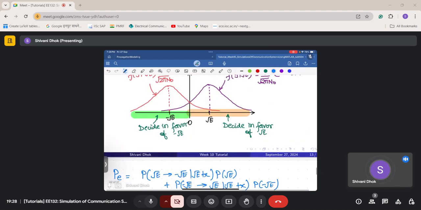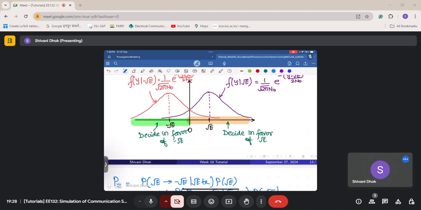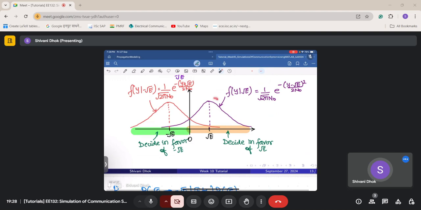Now if you observe here, if root e was transmitted, this is the conditional PDF, but you received minus root e. Whatever tail you have here will lead to an error. Similarly, whatever tail we get here is also an error: we transmitted minus root e, but now we are obtaining root e.